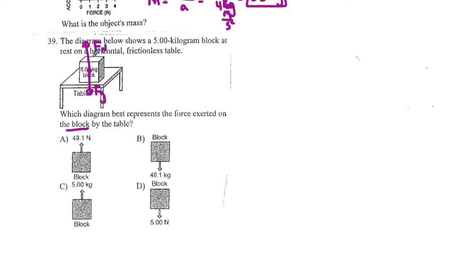Since the block is not moving, these two are equal. I can find the force of gravity because I'm given the mass in kilograms. If I take my 5 and multiply it by 9.81, I get 49.1 newtons. So A is my correct answer.